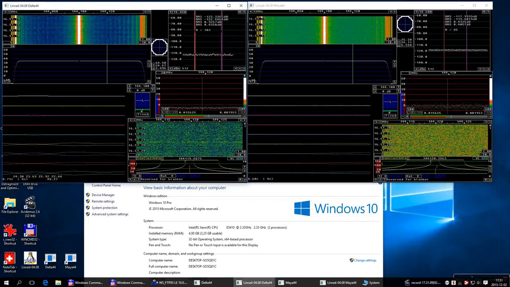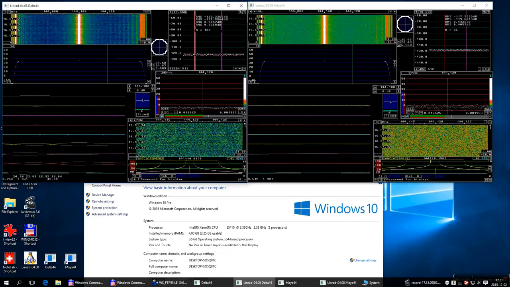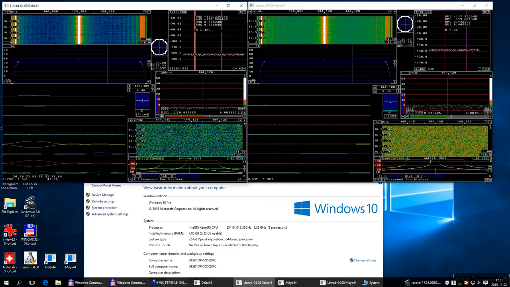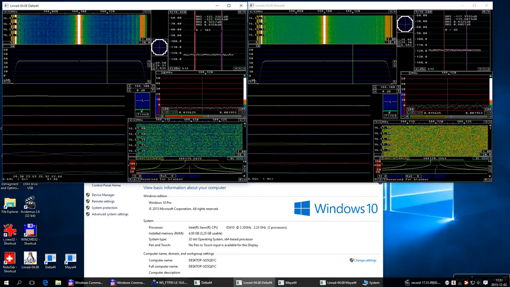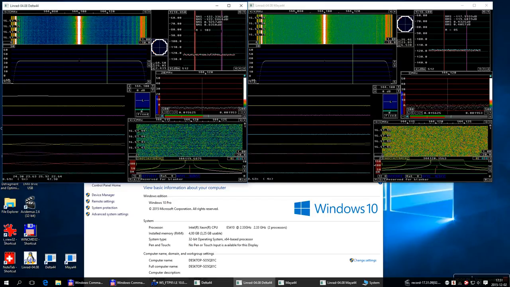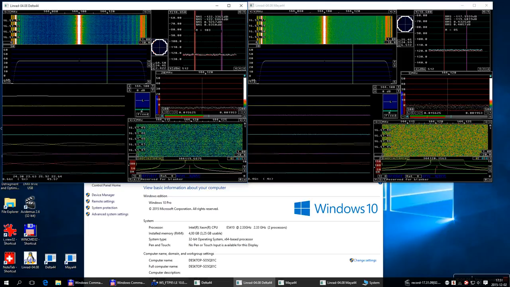You can see that the noise floor is lower with the Delta44 by 5 dB. It's very close to the difference we have in noise figure. I now disconnect the interference source.